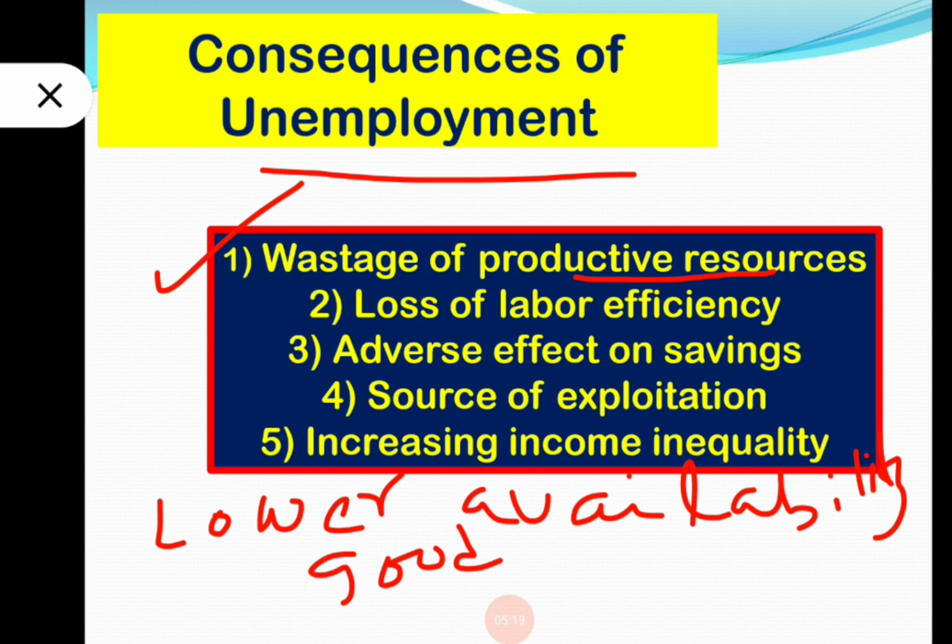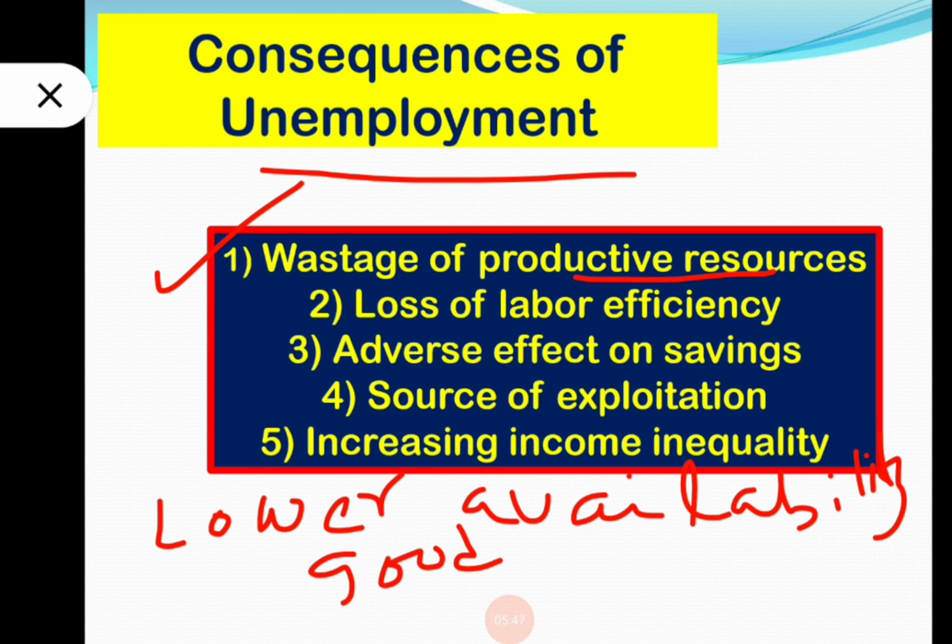In fact, the entire economic prosperity of a nation is reduced because lower employment means lower national output and income. So I think this is clear. Unemployment indicates lower national output and income, lower availability of goods and services to the nation also.